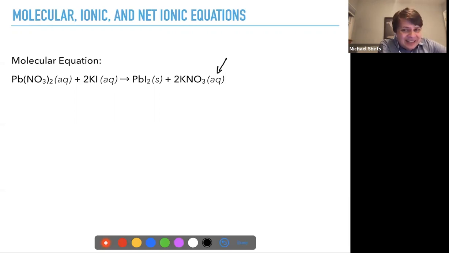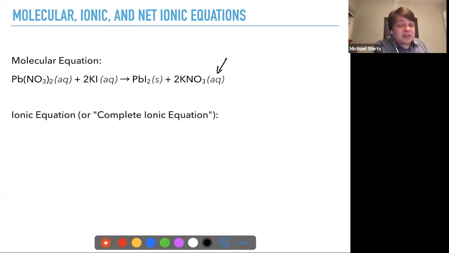But really, there are no molecules of lead nitrate in the solution because lead nitrate is soluble. It breaks apart into its ions. So it's a little deceptive because there are no potassium iodides in there. They're actually potassium and iodide ions going about their merry way, floating around, not really interacting with each other that much. So that's the molecular equation.